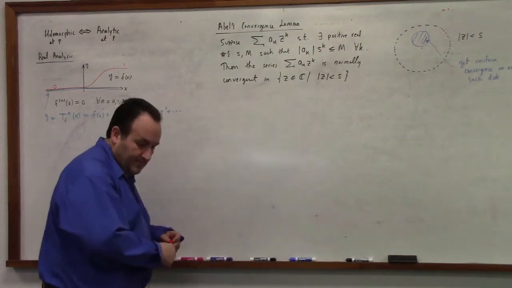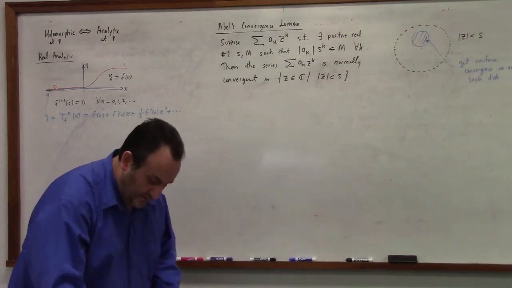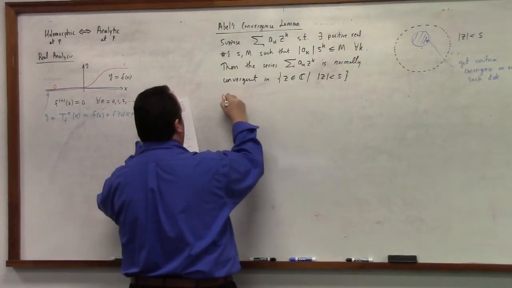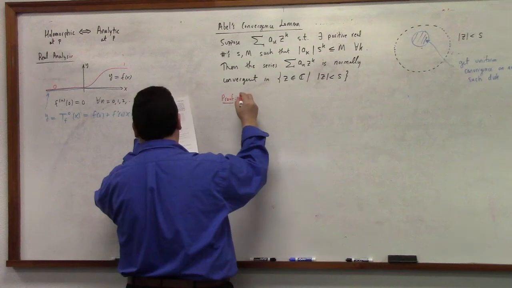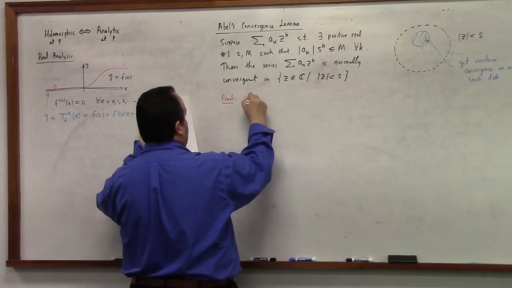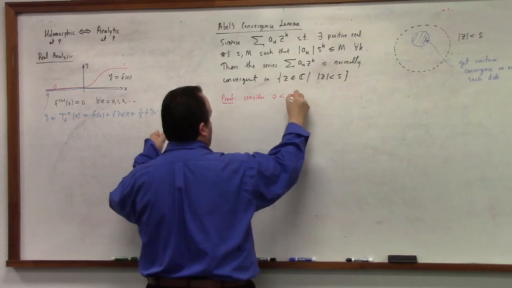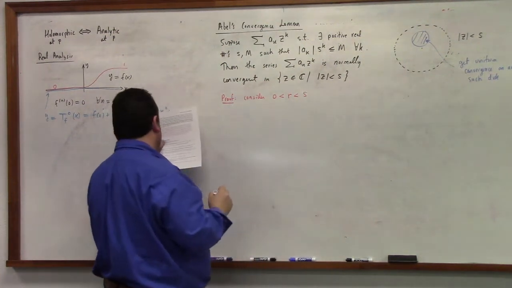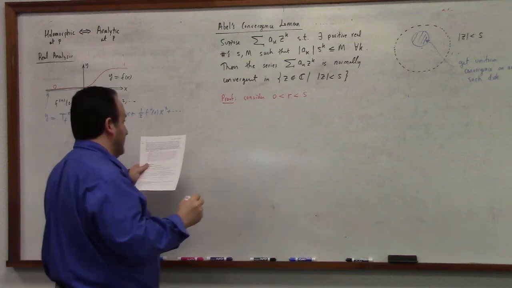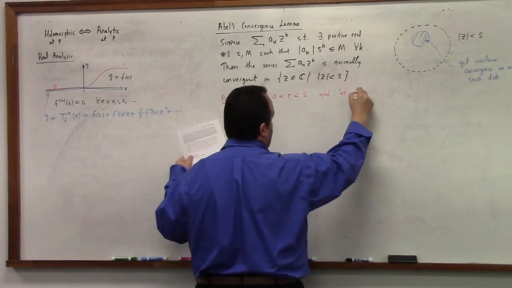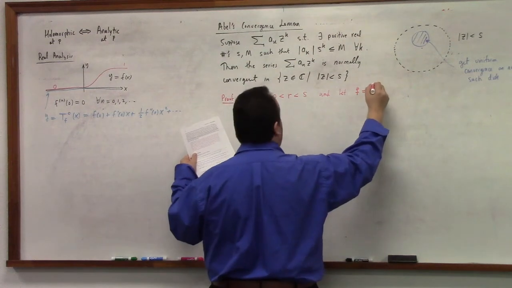All right, so here's the proof. We consider 0 less than r less than s. So consider a positive number smaller than s, and let q equal r over s.